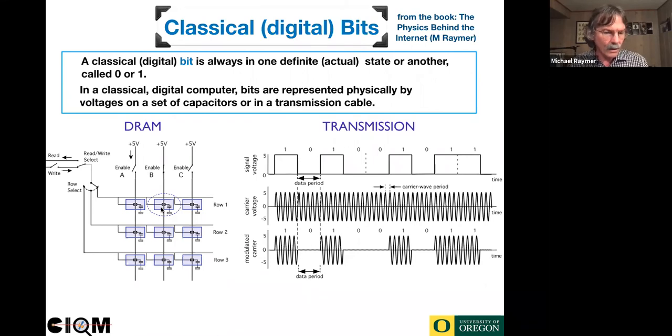Therefore, you could clone it, you could copy it, and we know it works, right? You have a copy machine in your office or your home, and you can run a piece of paper through it and make copies of it, or you can obviously do that on a computer. So you can copy these as many times as you want without degrading the information. That's very different than a quantum bit, as we'll see. You cannot copy a quantum bit.